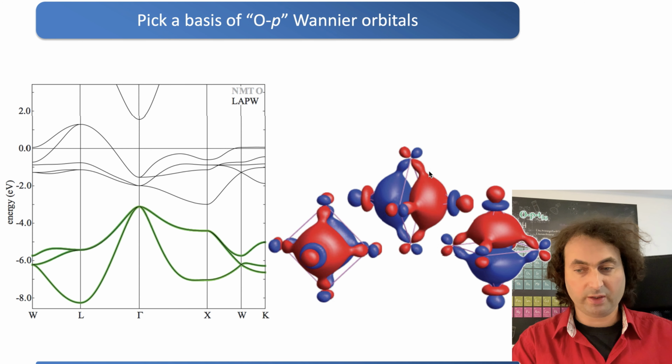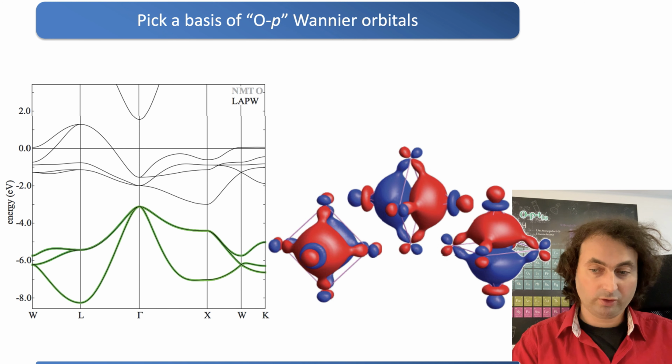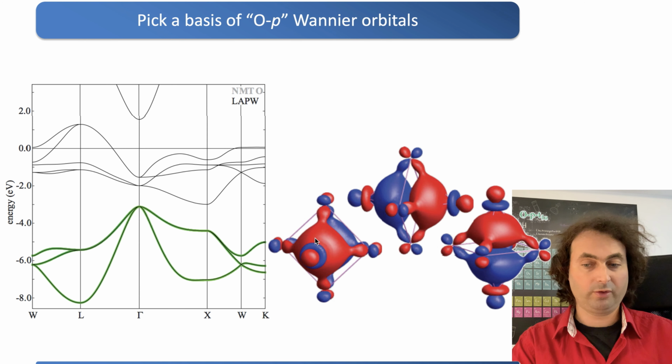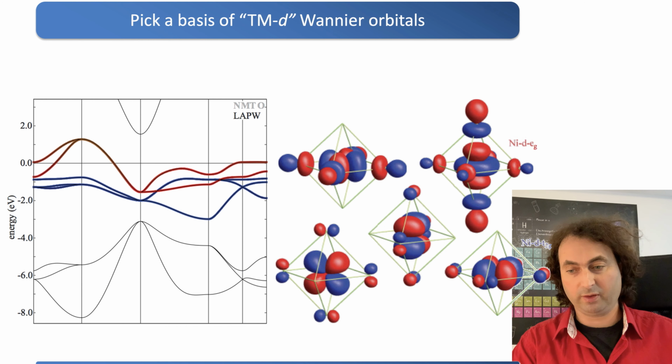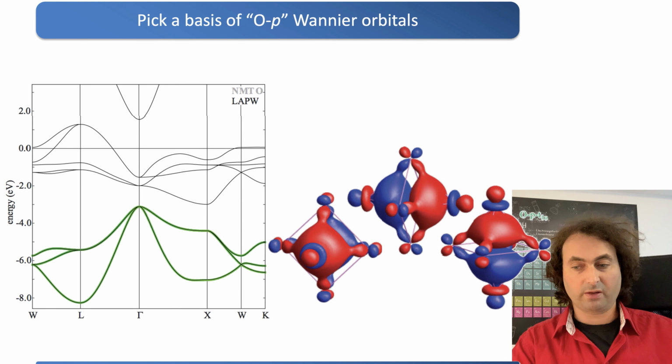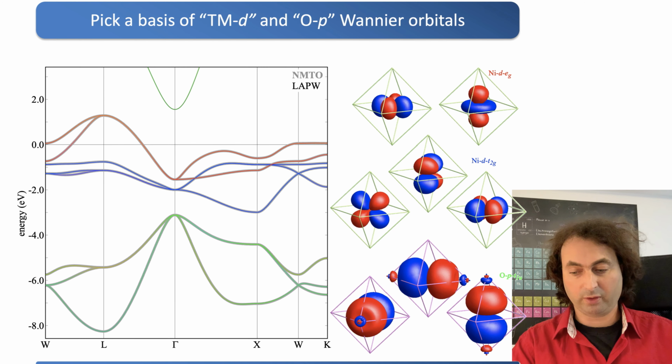And here you see that you have charge density in between the p and the d orbital, because these are the bonding orbitals. I don't know in what kind of model you would use this as a basis set, but well, the pictures are nice and illustrative, especially seeing that these are the antibonding orbitals and those are the bonding orbitals that you can build from the set of Wannier functions where you include them both.